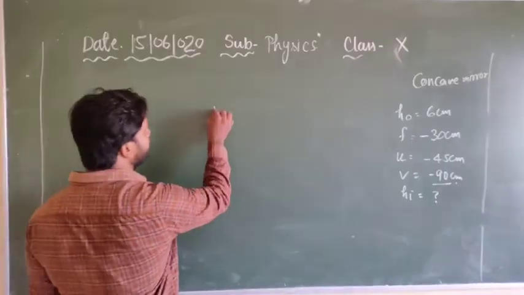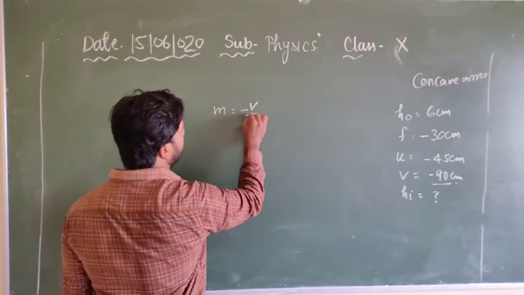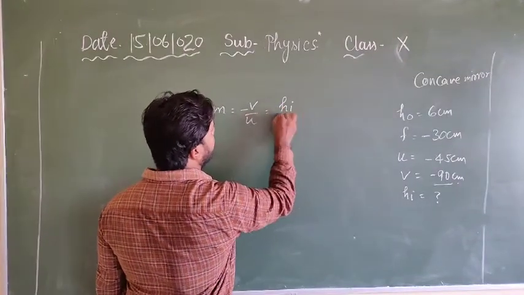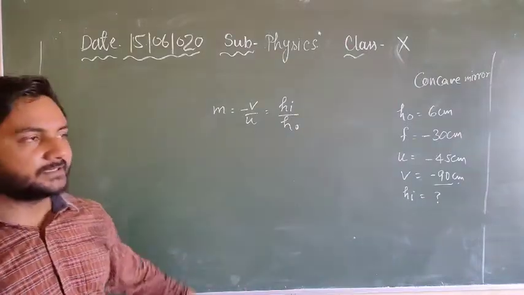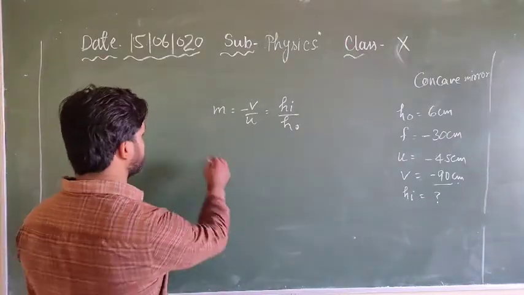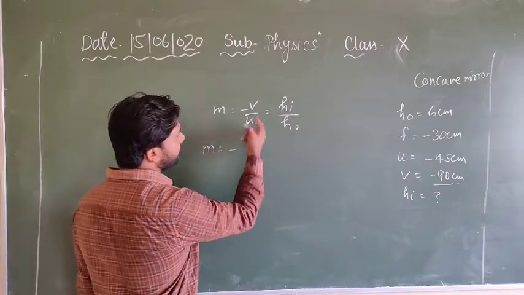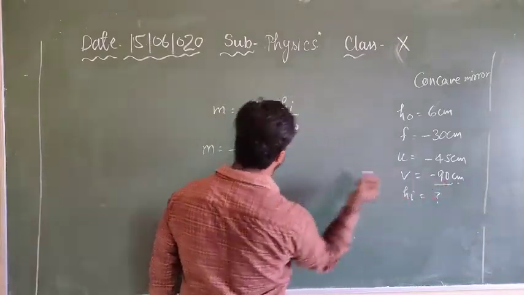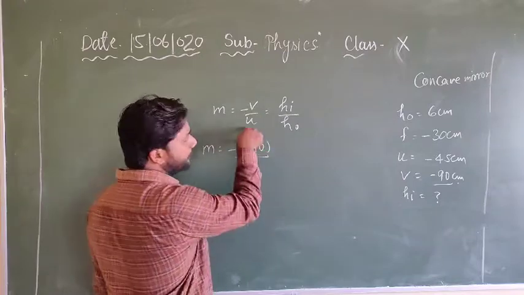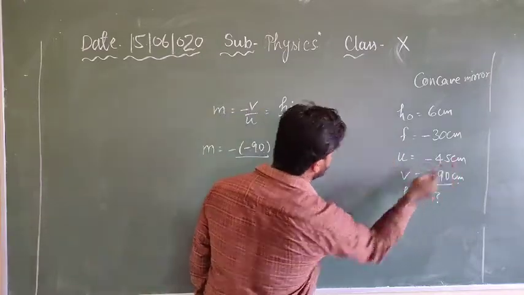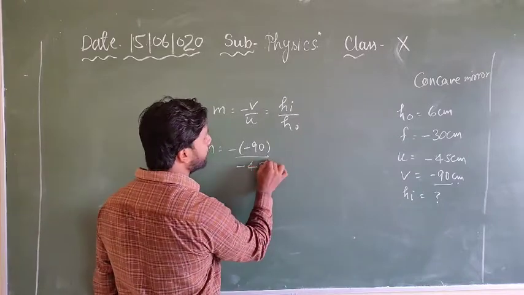So by the magnification formula we know that minus V upon U equal to HI upon HO. This is the magnification in the case of mirror. Minus, what is the value of V? This is minus 90. And what is the value of U? This is minus 45.